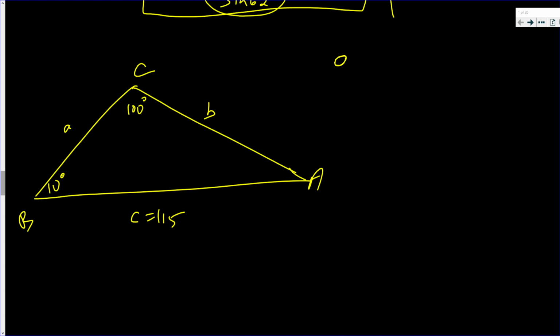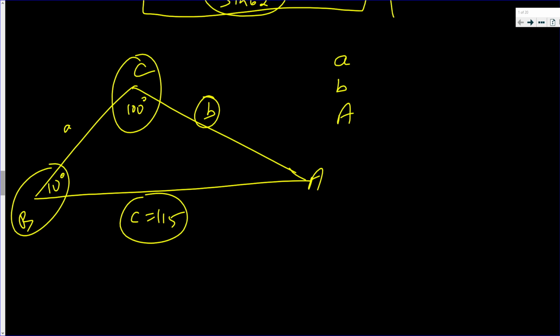They want us to find little a, little b, and capital A. Everything. Well, we have one pair, that's for sure, that can't be wrong. And we have another pair where only little b is unknown.